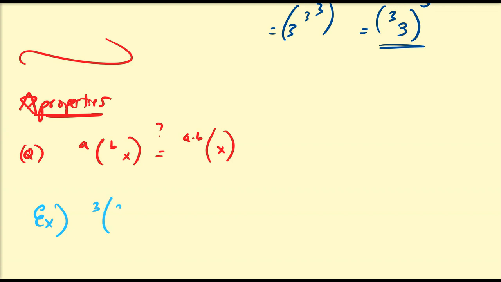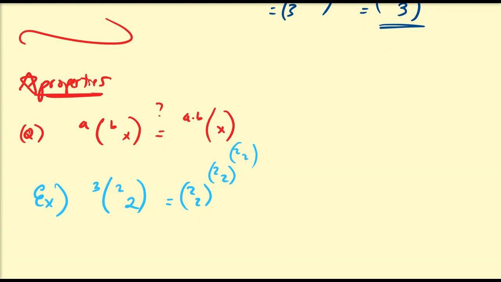So the third tetration of the second tetration of x, is this equal to the 6th tetration of x? That's a question we want to ask. So let's choose x to be equal to 2, so we can get some numbers out. So this is the same as the third tetration of the second tetration of 2, and the second tetration of 2 is the same as saying 2 squared.